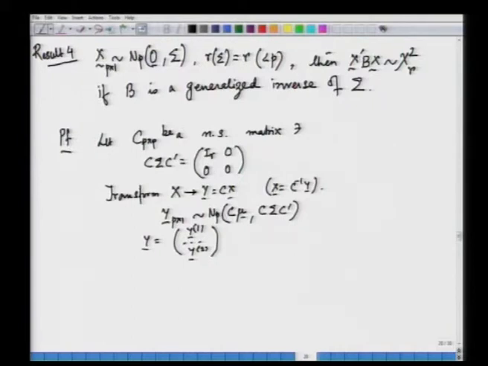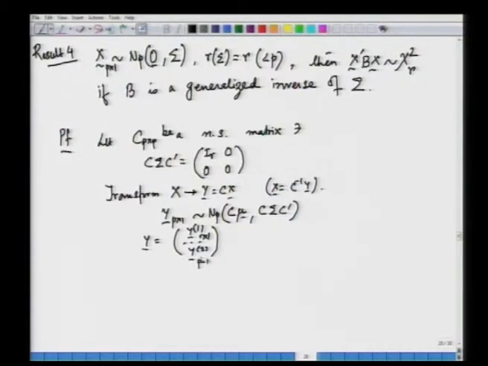I can clearly see that the covariance of the first component is in the first block of C sigma C transpose. So, basically this has been partitioned into R and P minus R components.